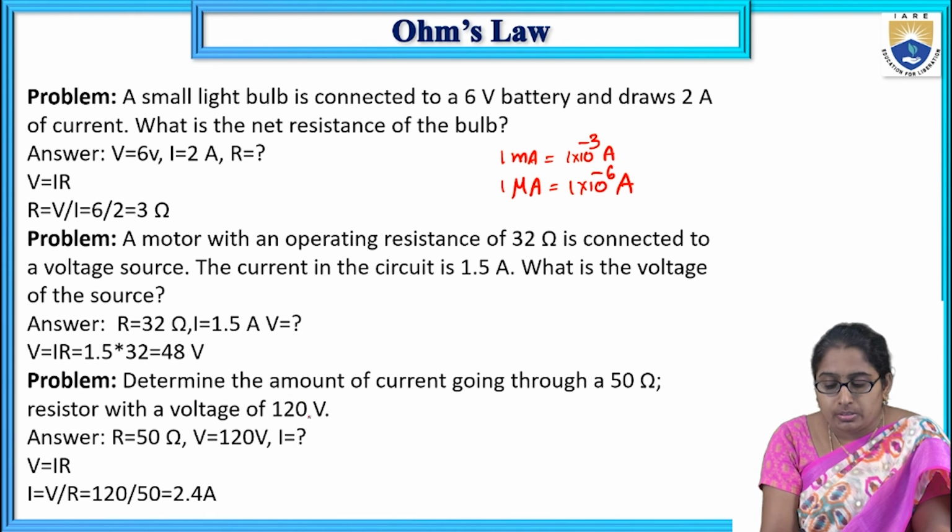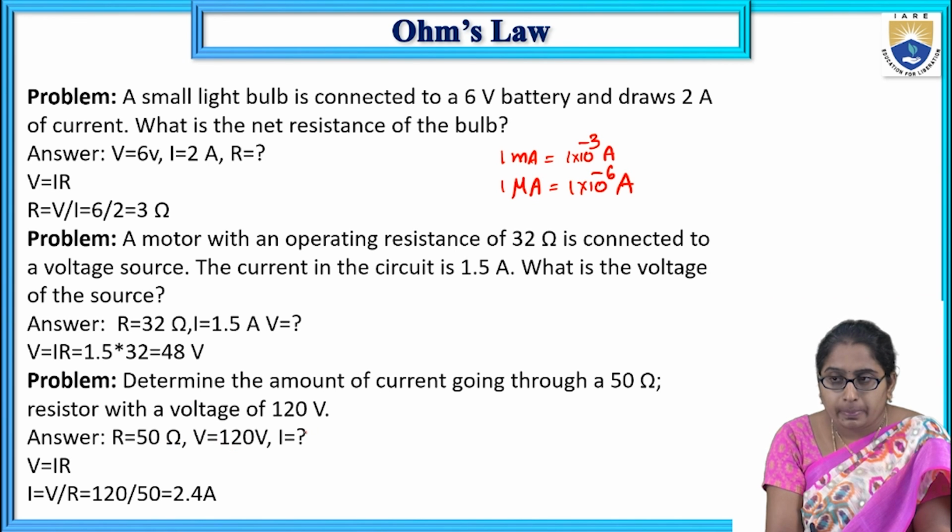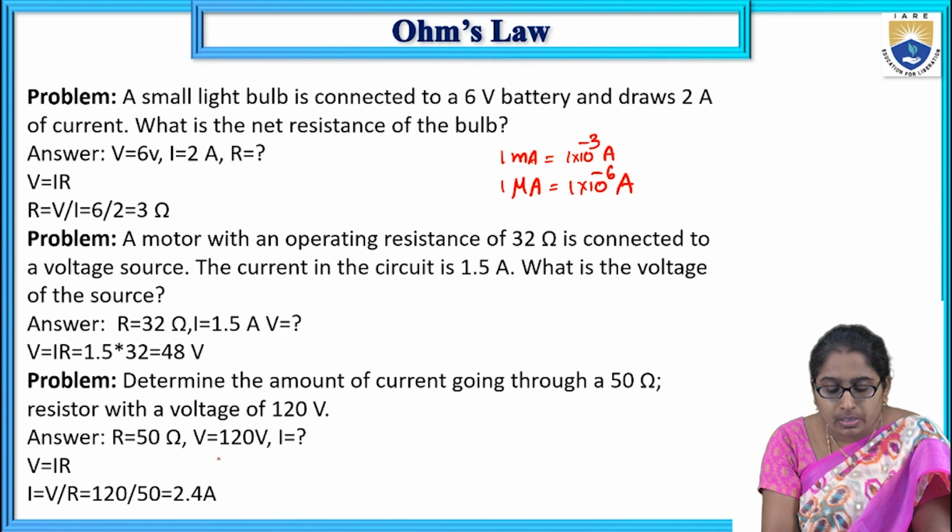First note down the given data: resistance is equal to 50 and V equal to 120. So I equal to V by R, 120 by 50. It gives 2.4 amperes.